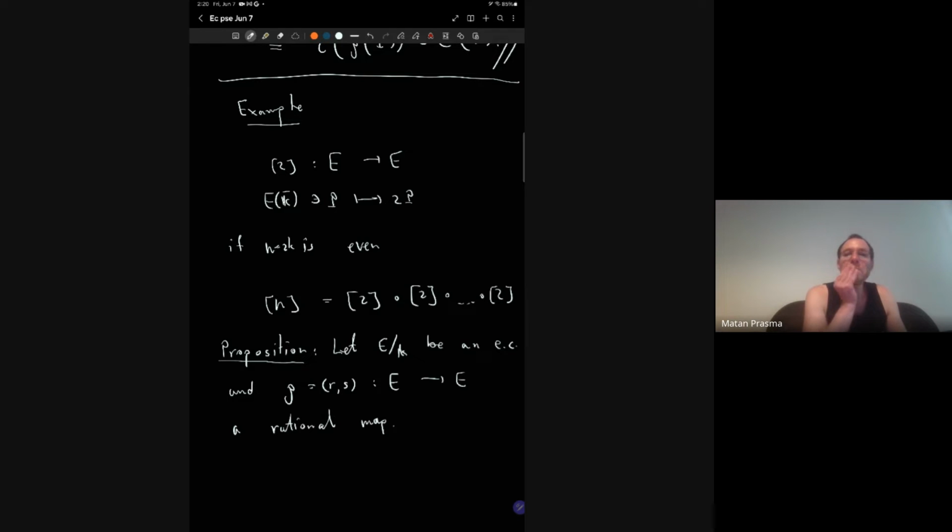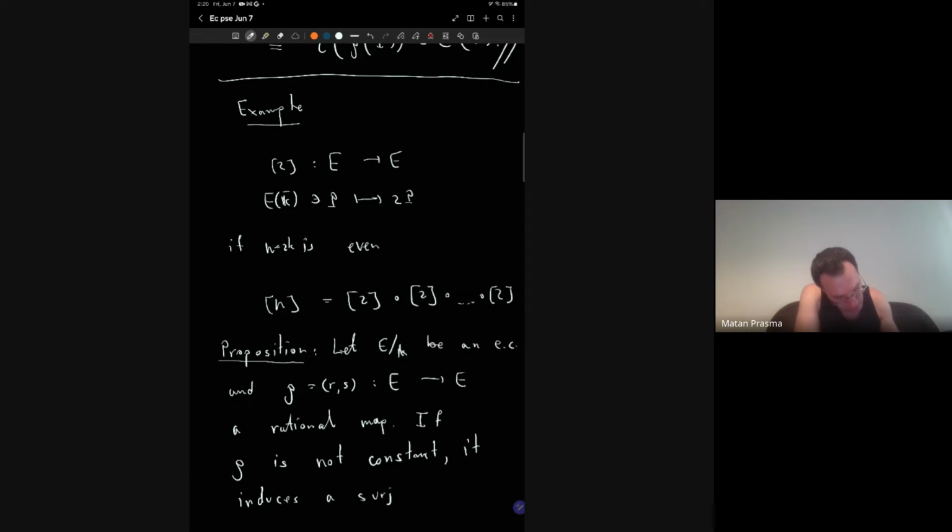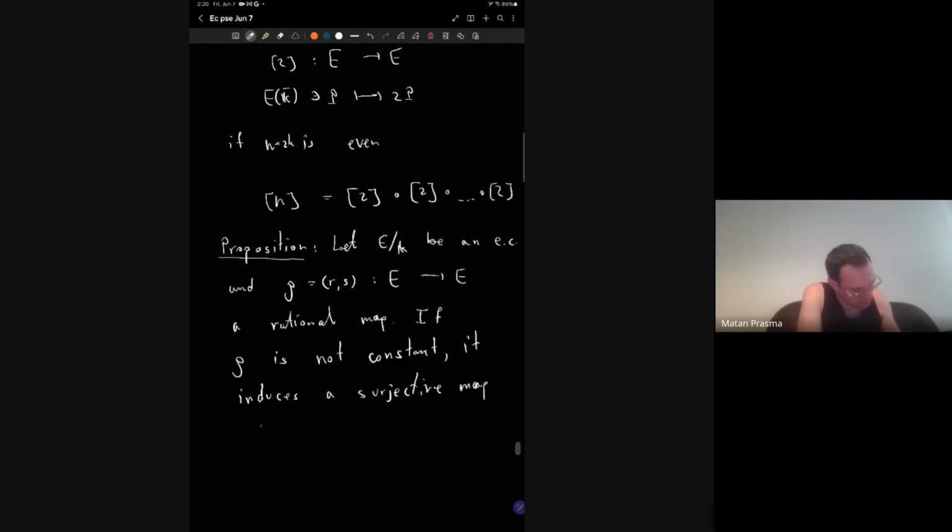If rho is not constant, it induces a surjective map between E over K bar to itself.